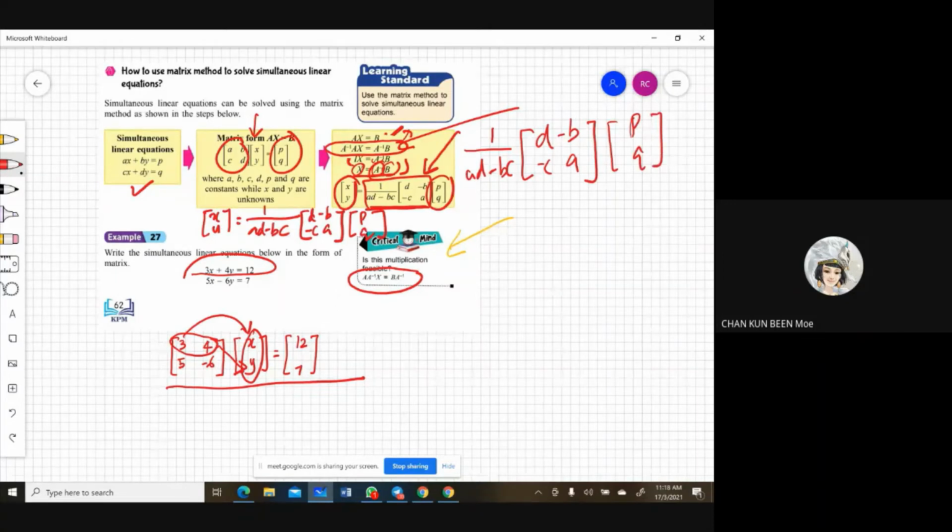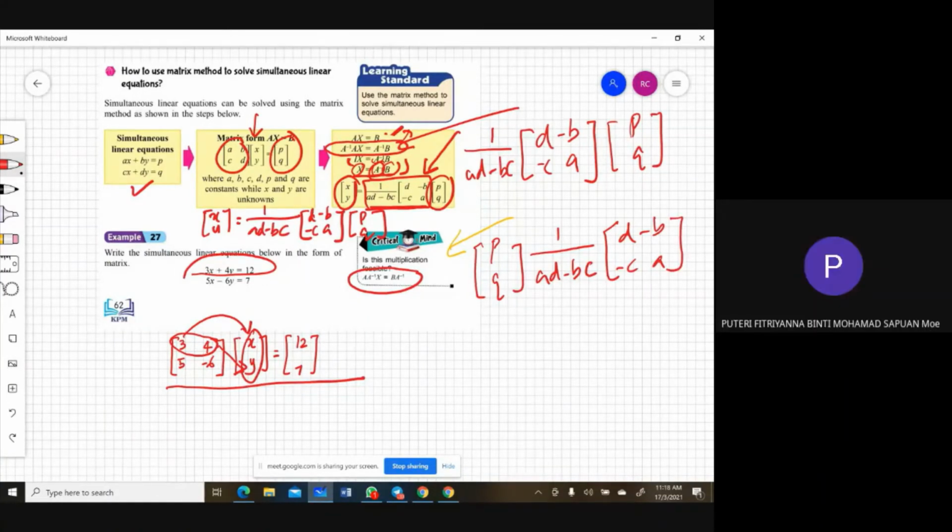Can you imagine, are they the same if I put the PQ in front and then 1 over AD minus BC at the back with D, negative B, negative C, A here? Are they the same, class? No, they are not the same, so you cannot do it that way. You have to always remember the inverse comes first.